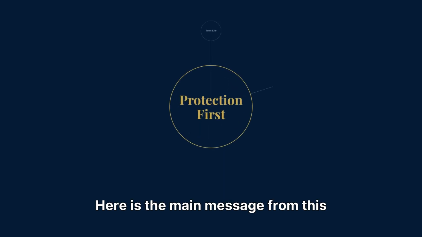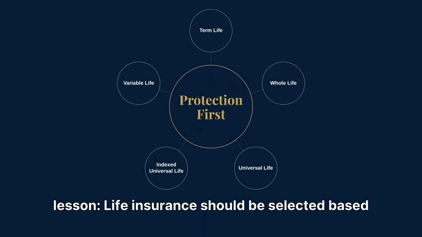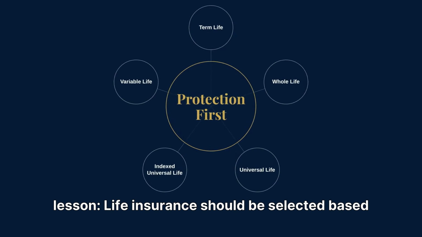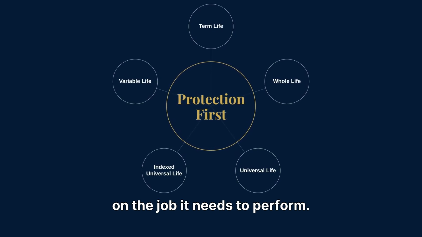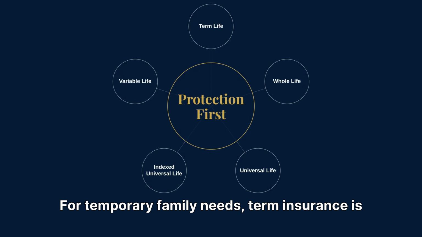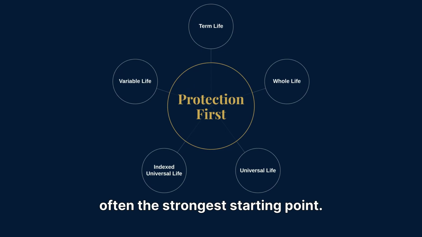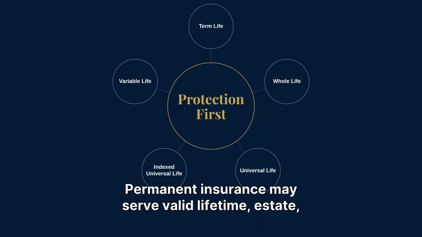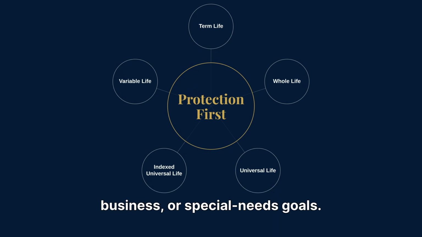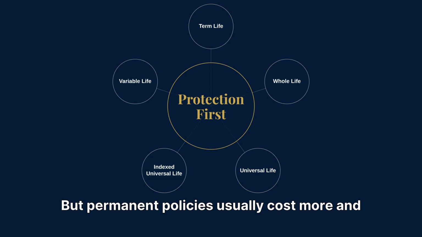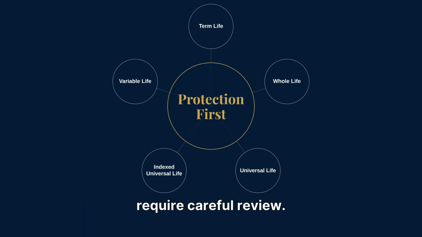Here is the main message from this lesson. Life insurance should be selected based on the job it needs to perform. For temporary family needs, term insurance is often the strongest starting point. Permanent insurance may serve valid lifetime, estate, business, or special needs goals, but permanent policies usually cost more and require careful review.